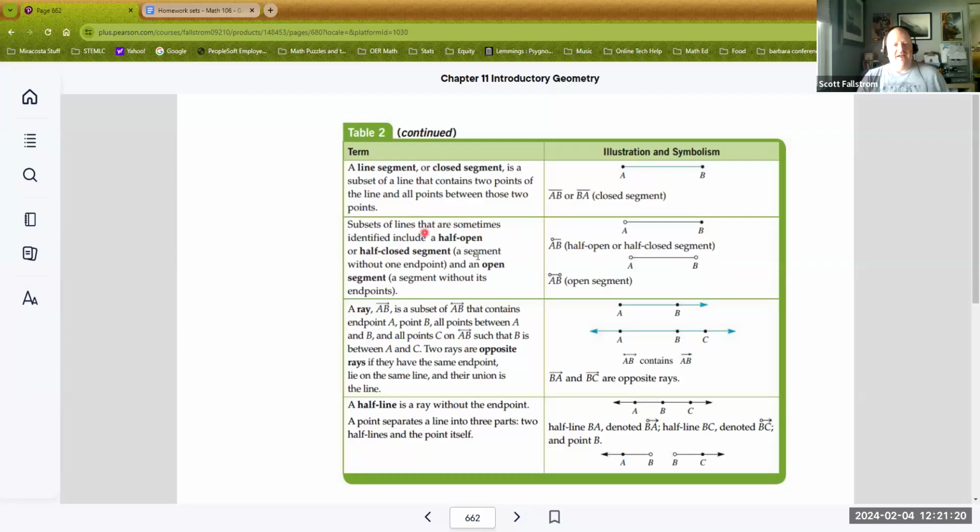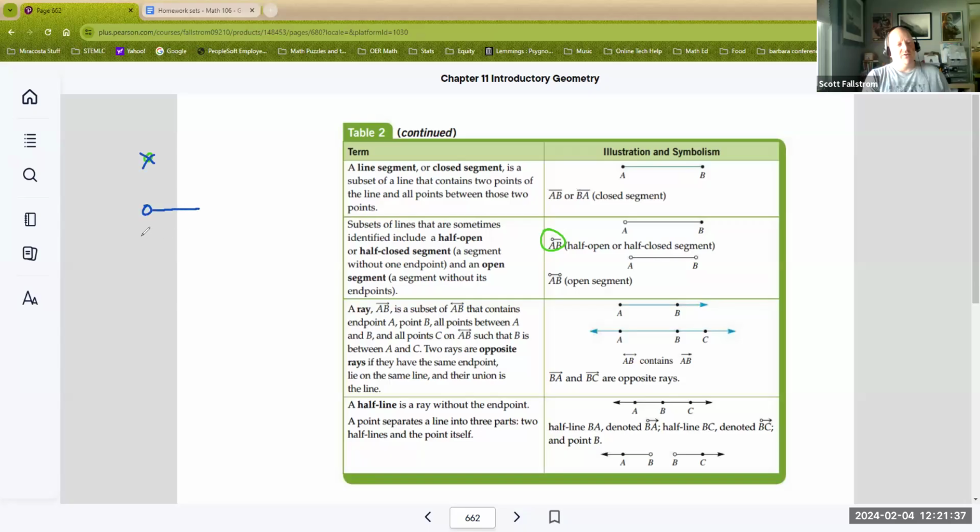You can also have half open. So this is possible. Now notice there's a little circle on top. So you can see that here if it's half open. So when you draw that little circle, let me choose a darker color. Sorry about that. When you choose that open circle and then you go over, when you put your point underneath it, like P and then Q, you are saying Q is included.